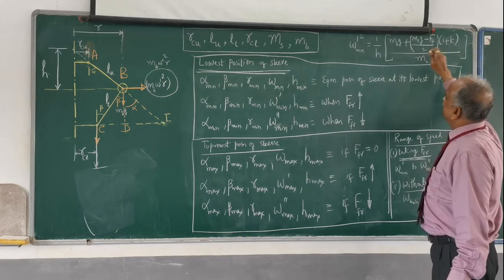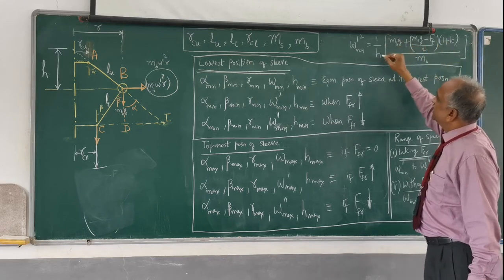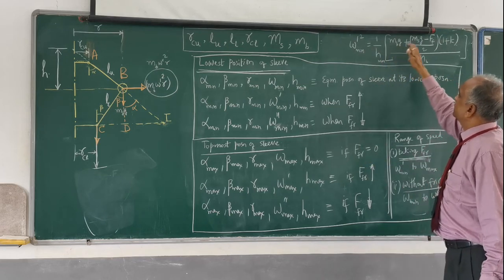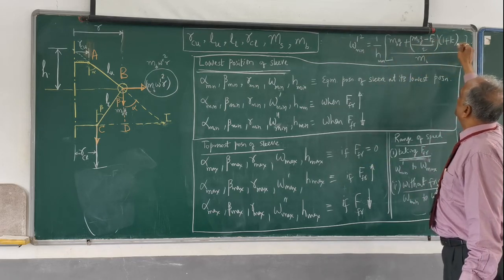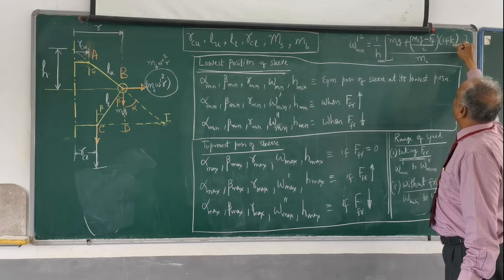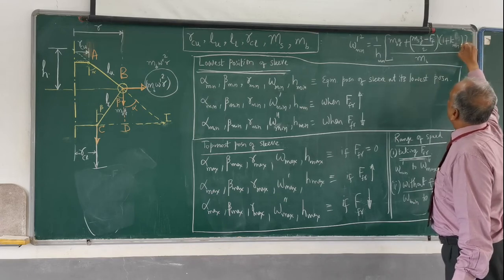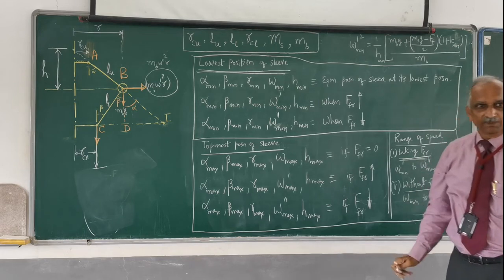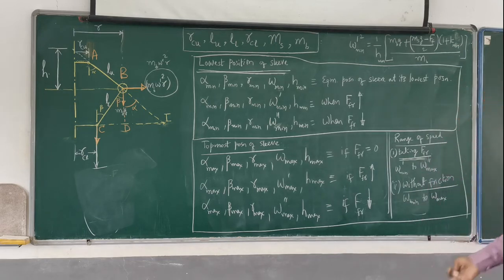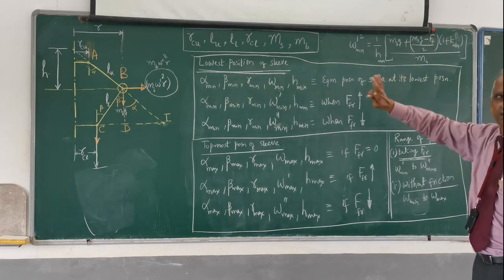Please remember, in all these questions, the h is nothing but h minimum. And this k also corresponds to k minimum. What is k minimum? Tan beta minimum divided by tan alpha minimum. This is how the formula will change.